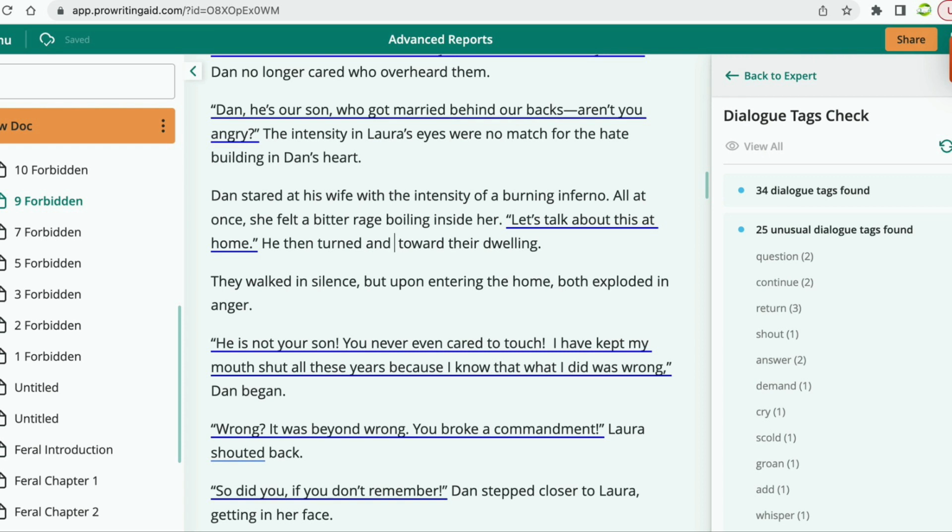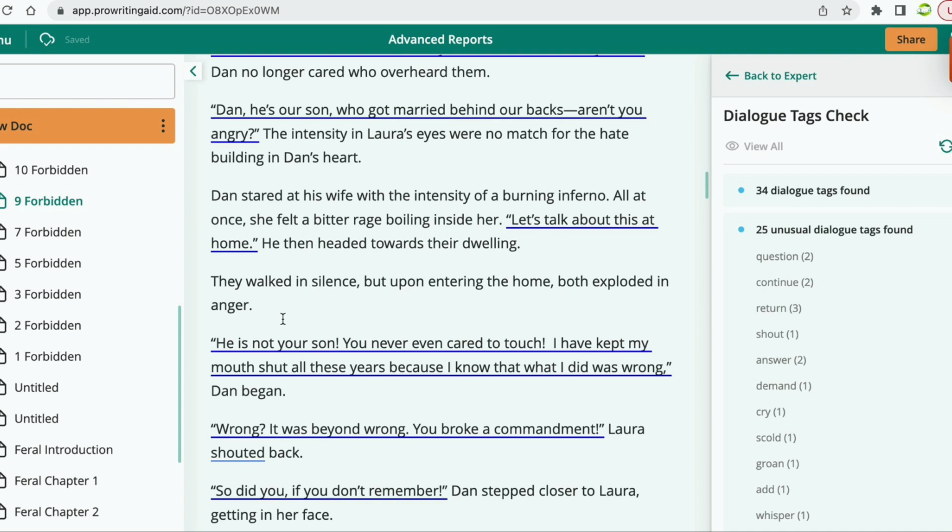He turned. I would just say he then headed towards. I don't know if it's toward or towards. This is where I like these things because they're going to tell me if I'm wrong. Their dwelling.